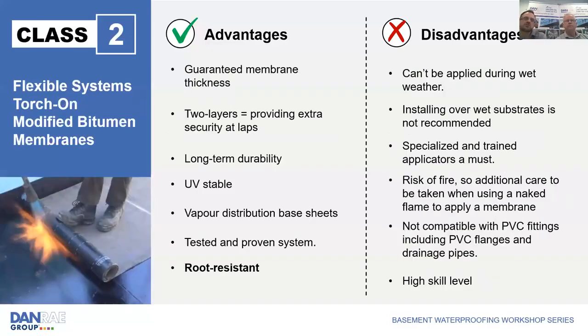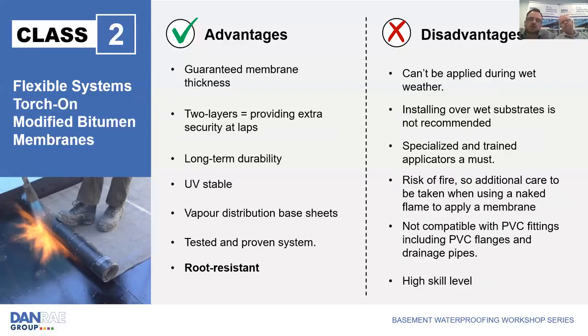Another class 2 type of membrane is the torch-on systems. Some of these can be class 3 depending on the manufacturer. The advantage of torch-on is that you've got a pretty good, consistent thickness with a sheet membrane. Most of them are actually root resistant as well, and you've got the granule layer which stops the roots from coming through.